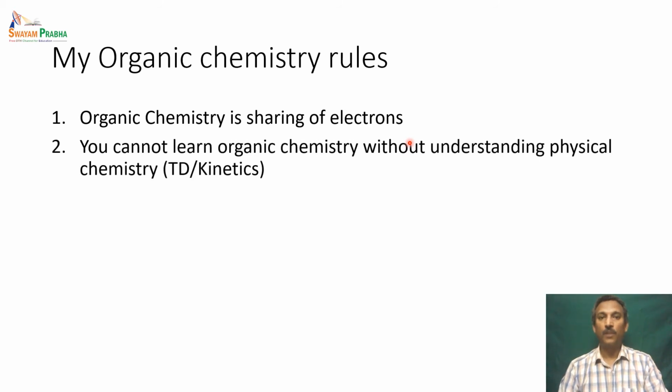And the second most important thing is, you cannot learn organic chemistry without understanding physical chemistry. That means thermodynamics and kinetics are most crucial for understanding organic chemistry. In other words, TD here is nothing but the thermodynamics or stability of the product. Kinetics is nothing but the rate of the reaction.